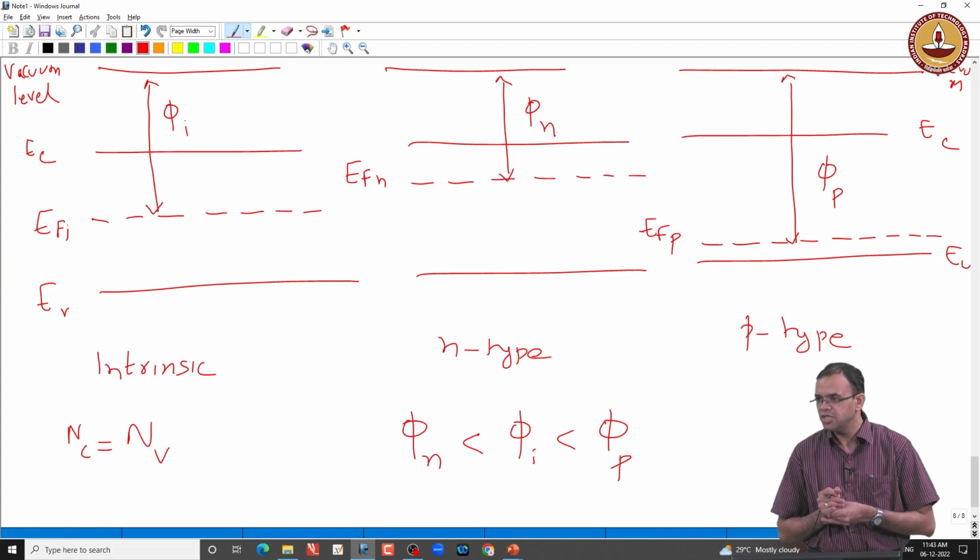The other assumption is, of course, whenever I have donors and acceptors, we assume that they are 100% ionized, which means if I have 10 donor atoms, all 10 will donate 1 electron to the conduction band. This is true at room temperature for semiconductors like say silicon, germanium and so on, but not necessarily true always.